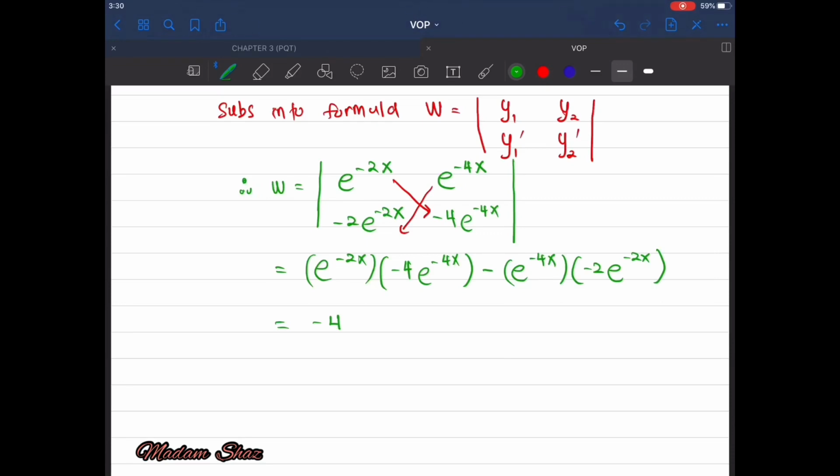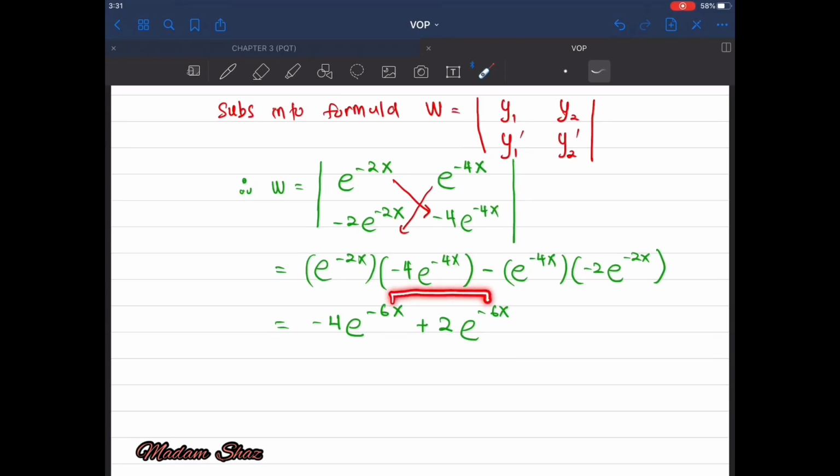So this one becomes negative 4 exponent negative 2x plus negative 4x, which is negative 6x. Negative 6x minus, with minus multiply minus 2 becomes plus 2, exponent negative 4x with exponent negative 2x, negative 4 plus negative 2 becomes negative 6, so exponent negative 6x.